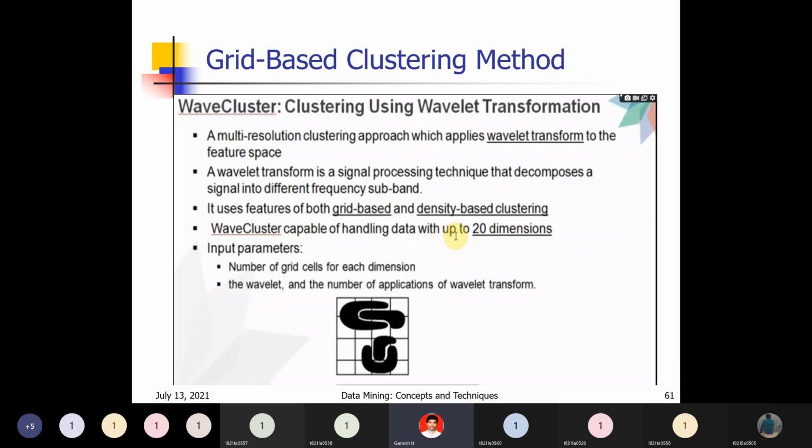We are using a grid-based approach, dividing the data into a number of cells. See here in this figure, the data is divided into 16 parts, that is 16 grids. Here the grid-based method is applied, and also in WaveCluster we use the density-based method.